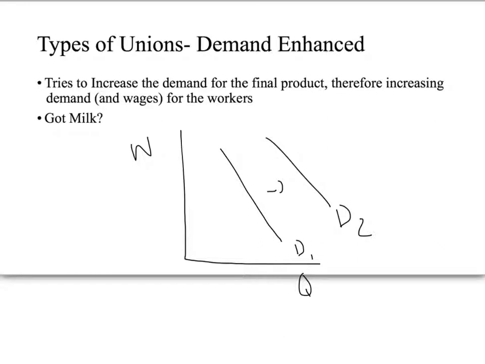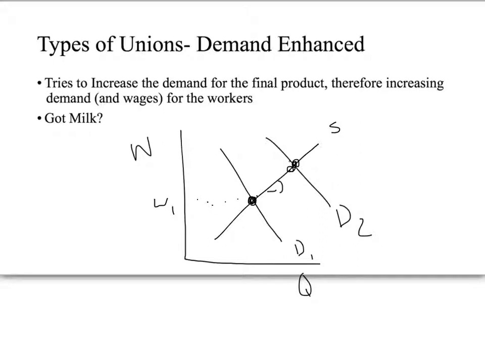One type of union, and we'll discuss unions in a later posting, is called the demand-enhanced union. What it tries to do is to increase the demand for the final product, and therefore increase the demand and wages for the workers. When we deal with equilibrium, we'll talk about wages and how they're raised, but if I add in a supply curve, which is still upward sloping, we started at demand 1, supply 1, so there's wage 1.